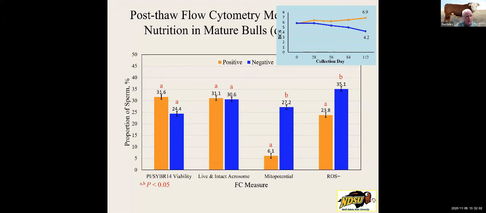Those bulls at a body condition score of 4.2 on the negative energy balance, they were not messed up as far as temperature regulation, but certainly scrotal circumference was lower in those bulls at that time. But motility was not different between the bulls on the fresh ejaculates throughout this study.